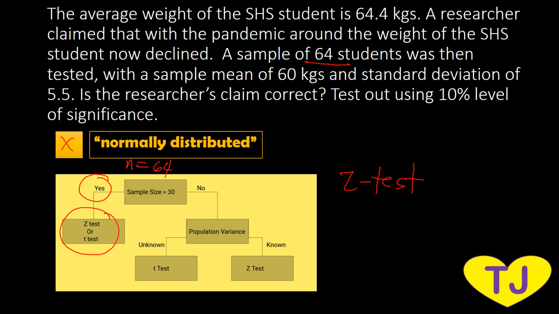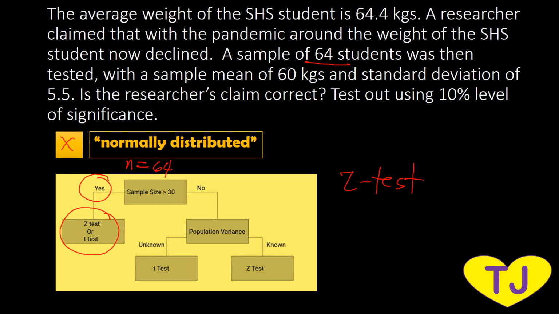So normally, when you try to know what type of test is appropriate for a problem, if you've got a larger sample size, which is greater than 30, automatically you will be using the z-test. I hope that's clear, everybody.